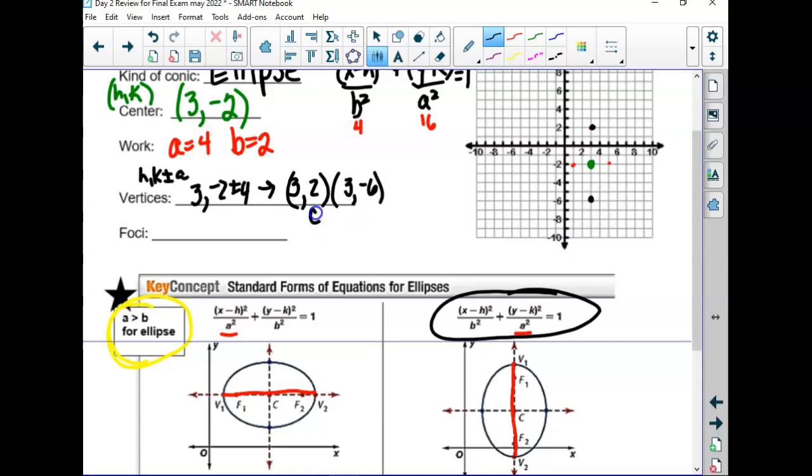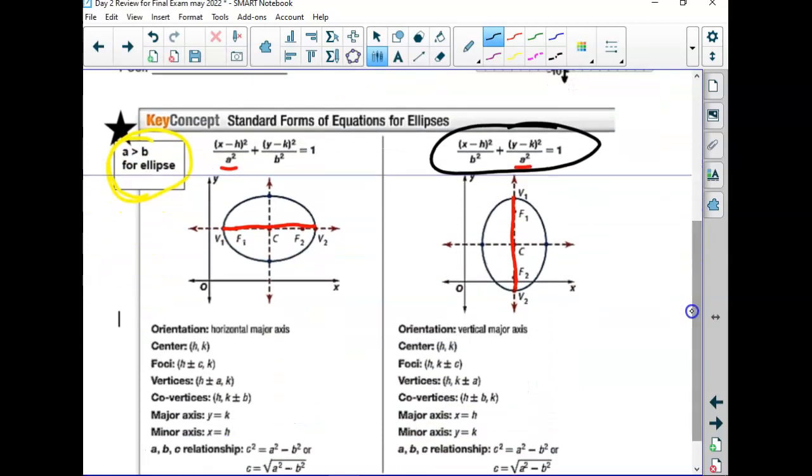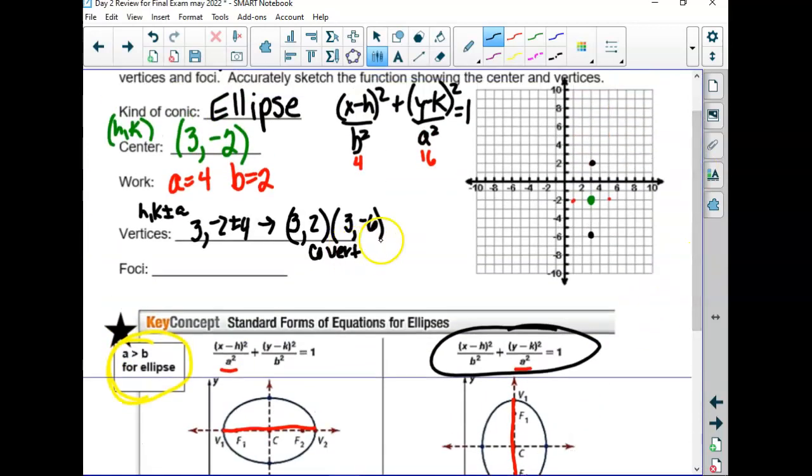All right, and the co-vertices, it says h plus or minus b comma k, which would be 3 plus or minus 2 comma k was negative 2. So those would be at 5, negative 2, and 1, negative 2.